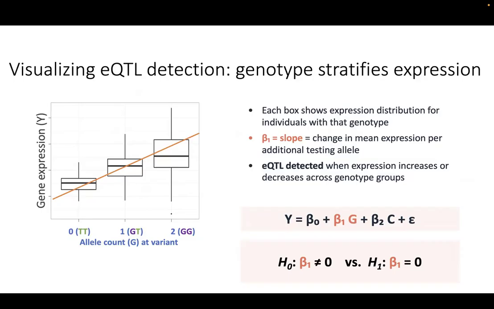This plot appears in every eQTL browser because if the three distributions overlap at the same level, there is no effect as beta 1 is close to 0. If they separate cleanly with a linear trend of increase or decrease, we can say the signal is strong.